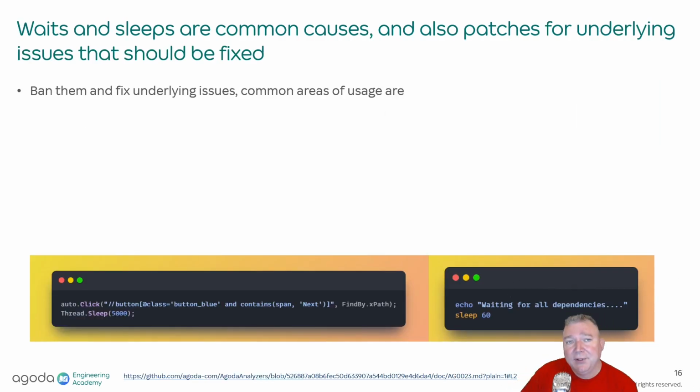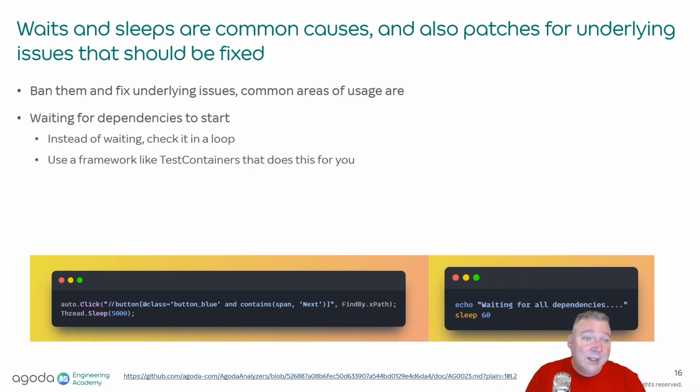Waits and sleeps are another common cause of problems, and I generally find that sleeps are patching issues that have other underlying causes. A good common example is waiting for dependencies to start. I see heaps and heaps of sleeps in bash scripts. The better way to handle it, if you're waiting for something to come up, is to check it in a loop instead of just sleeping for 30 or 60 seconds and going, hey, it'll come up.